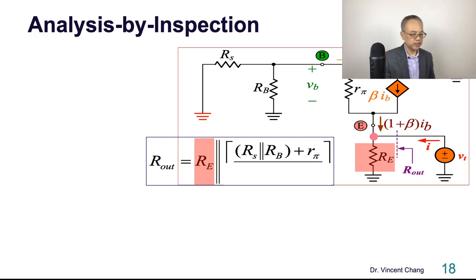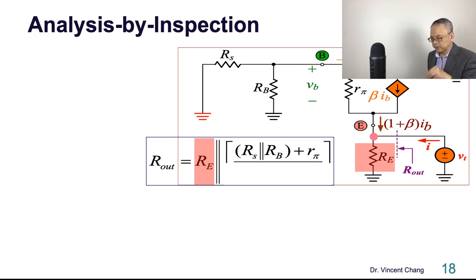Let me say this first. If you are looking into base, the emitter guy, from the base perspective, when you try to take the emitter back to the base, you multiply, right? So now we just flipped the role of the emitter and the base. You just put your eye in the emitter point at the emitter's perspective.